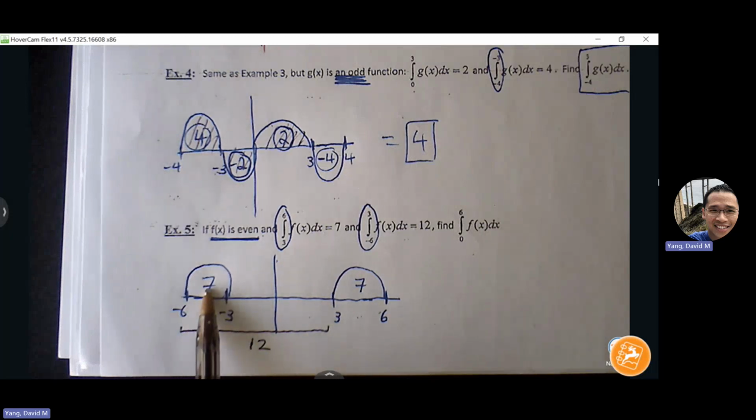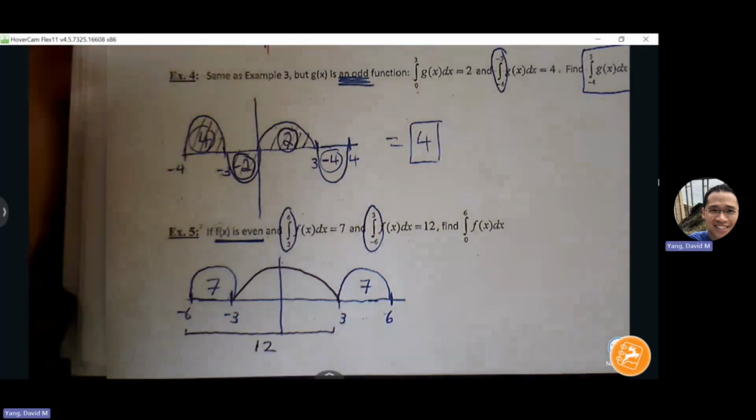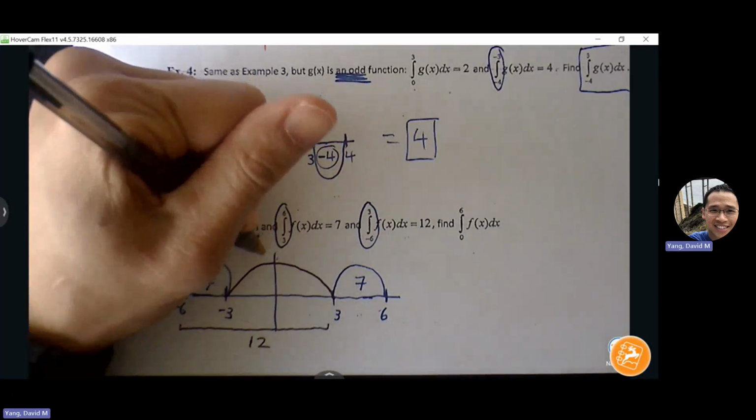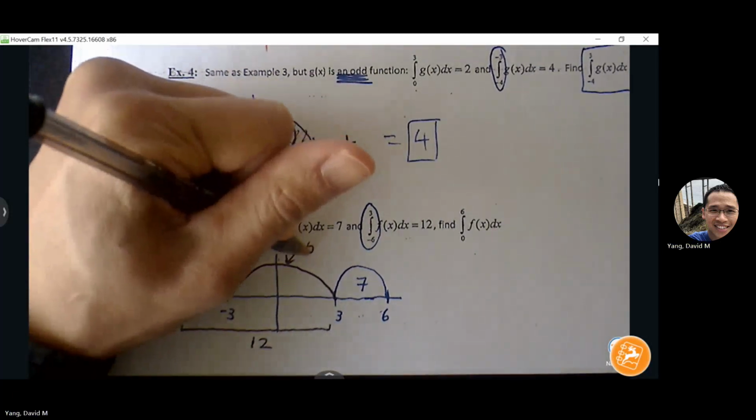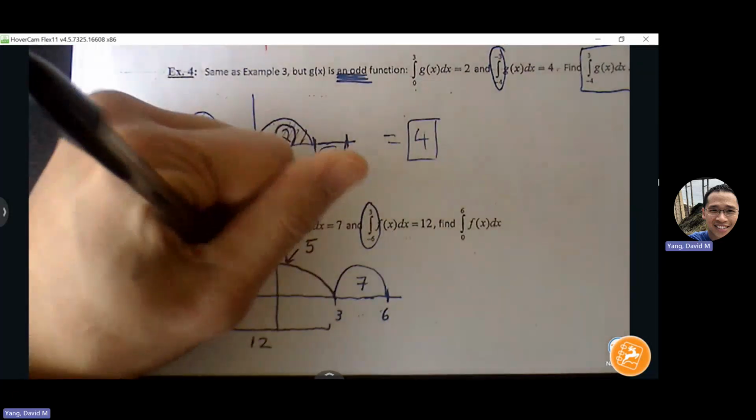So if this is 7, then what remains from the rest of the interval? 5, right? So I know I can do 5. That is spanning across both sides. But it's still an even function, so what can we say on either side? Is there a way to split that 5 up? Yeah, exactly, 2.5, right?